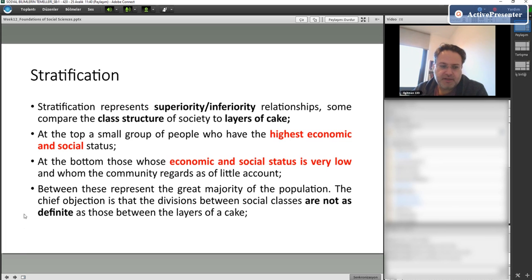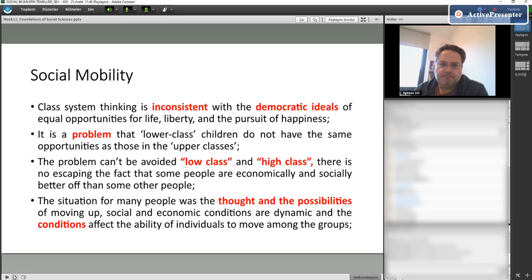And that brings us to the next topic, what we would call social mobility. Social mobility is the transfer, or moving up or down these layers.